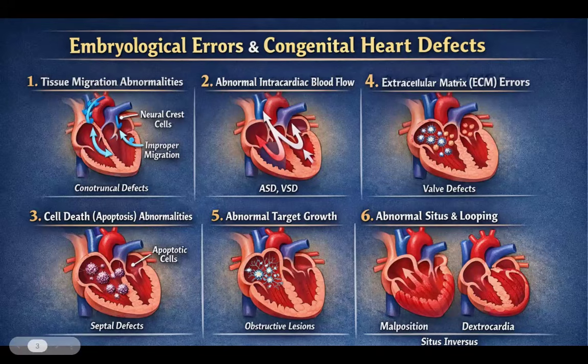Part two, we'll be discussing sections 4, 5, and 6. I do want to mention we will talk about some situs and looping errors that could go wrong and what defects develop from those errors, but we'll go more in depth in part two.